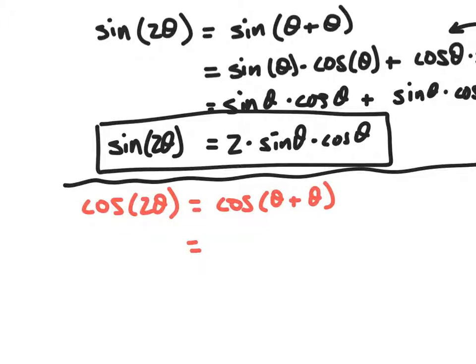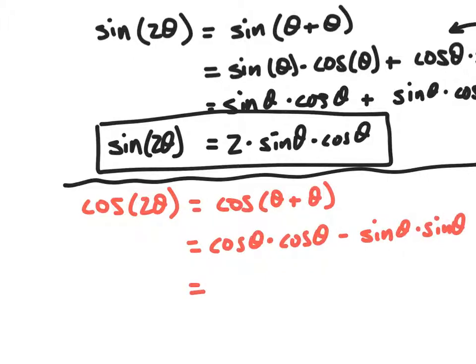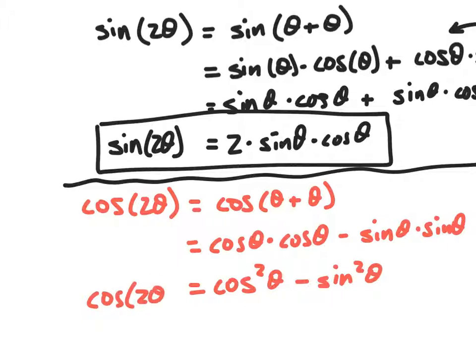Remember we do the opposite of what the sign is for cosine. So cosine of theta times cosine of theta minus sine of theta times sine of theta. Once I have that, I can simplify this, and this is going to give me cosine squared theta minus sine squared theta. And all of this is going to be equal to cosine of 2 theta.